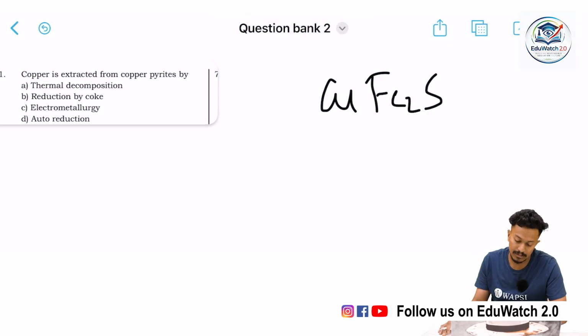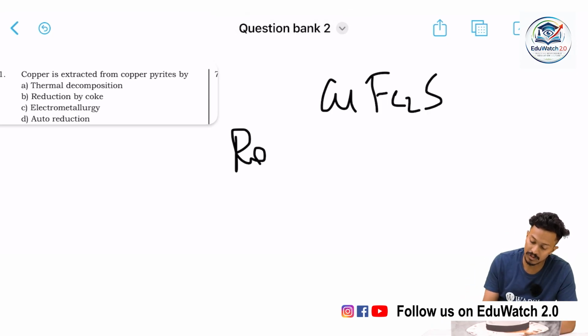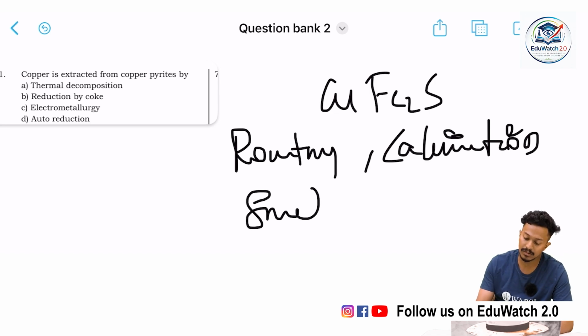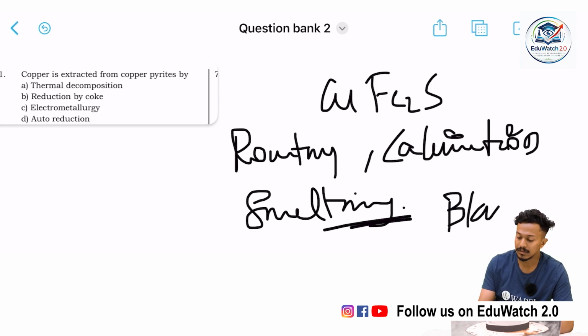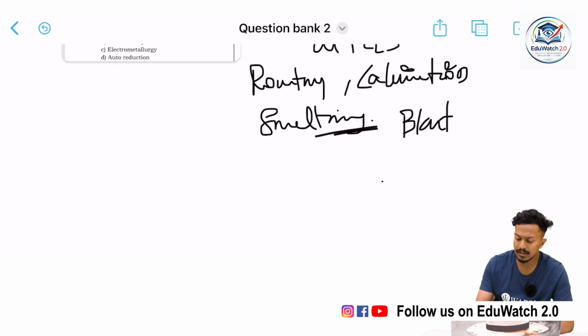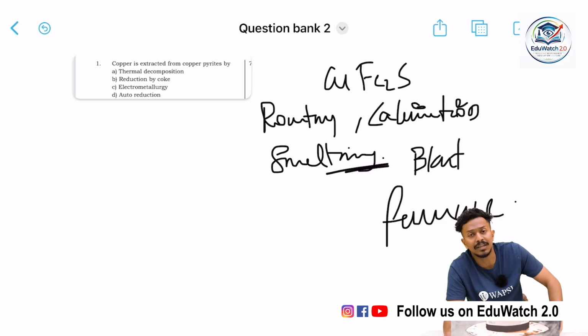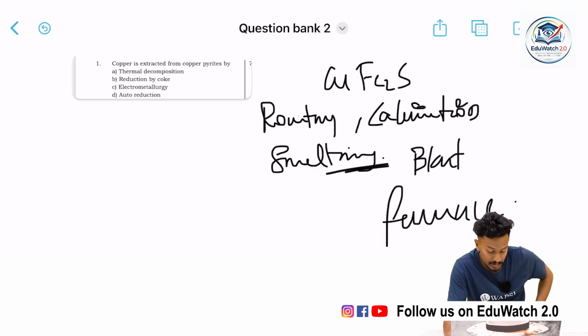This copper pyrites undergoes roasting, calcination and smelting process in a blast furnace. You have studied this in the metallurgy chapter about the reduction of copper pyrites to extract the copper metal from this ore. So here thermal decomposition is the wrong one.